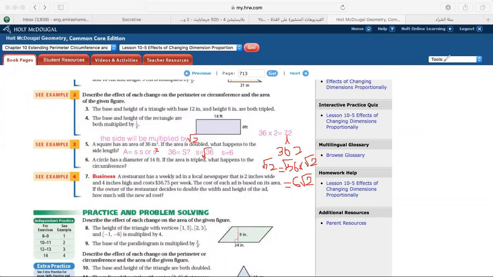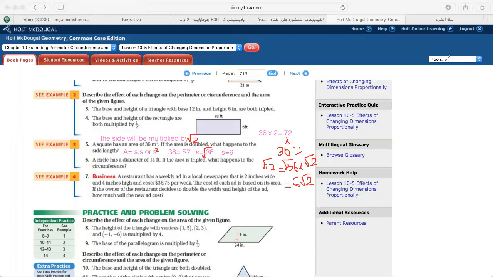When the area is 72, I want to get the square root of 72 to get the side, because the area of the square is side squared. To get the side, I have to get the square root of the area. The square root of 72 is not a perfect square, so I'm going to break down 72 into two numbers that, when I multiply them together, give 72, and one of them is a perfect square.